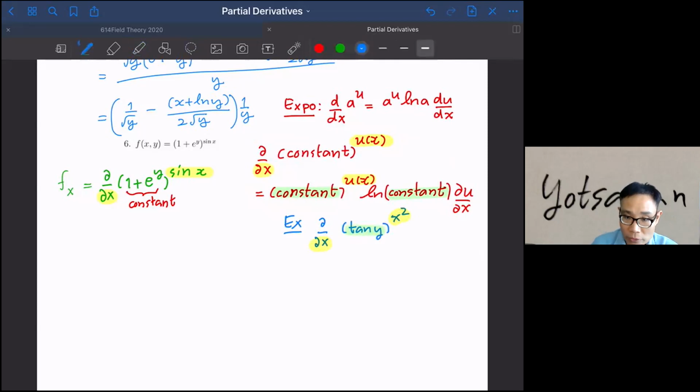So in this case, I'm going to say that this is an exponential function.